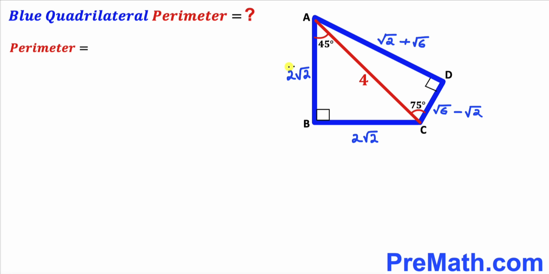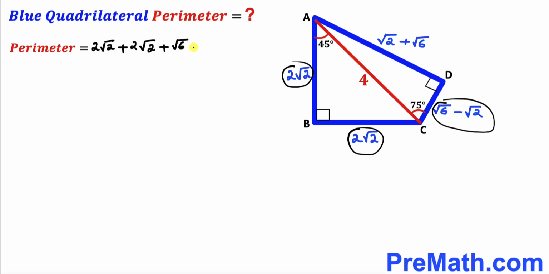We are going to write down 2 times square root of 2 plus likewise 2 times square root of 2 once again plus square root of 6 minus the square root of 2 and plus finally square root of 2 plus square root of 6.